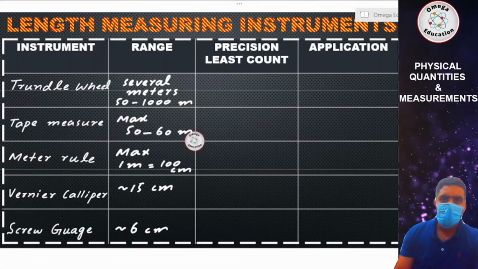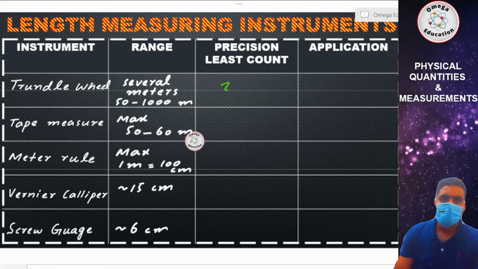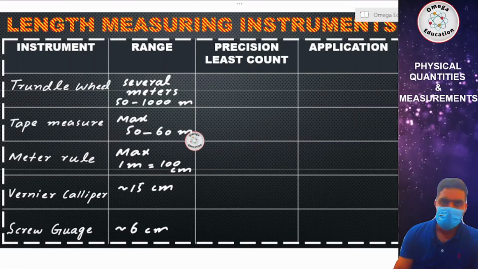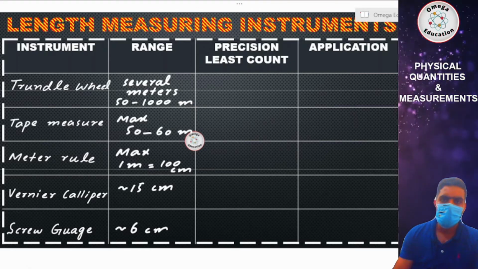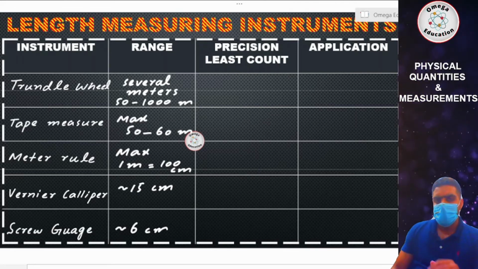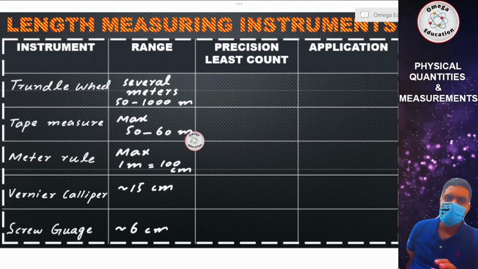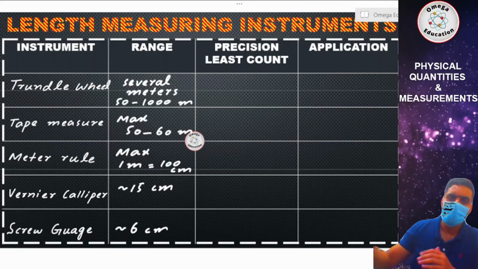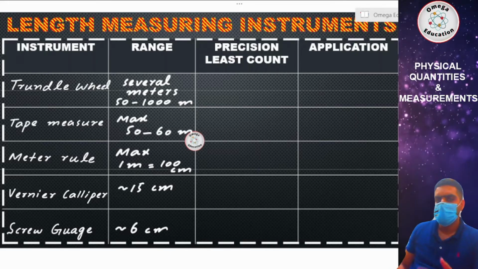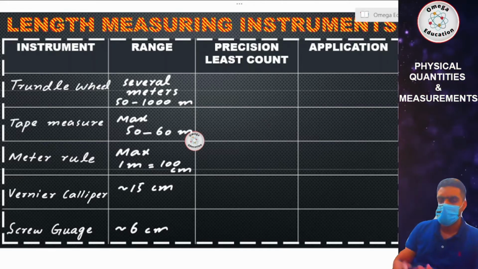All right, the next thing we have here is precision. Now one thing should be clear, that precision and range go against each other. Generally, if an instrument has a very high range, then with few exceptions its precision would be low.